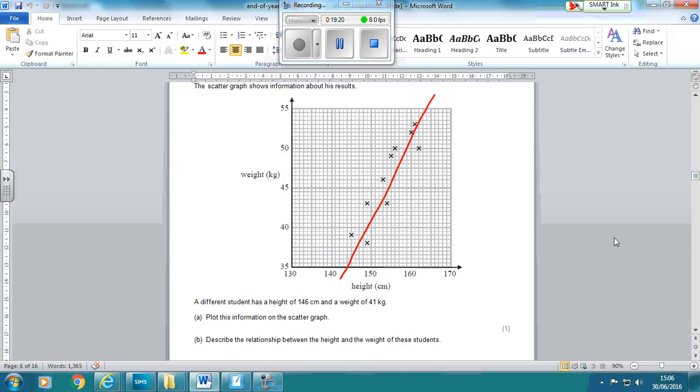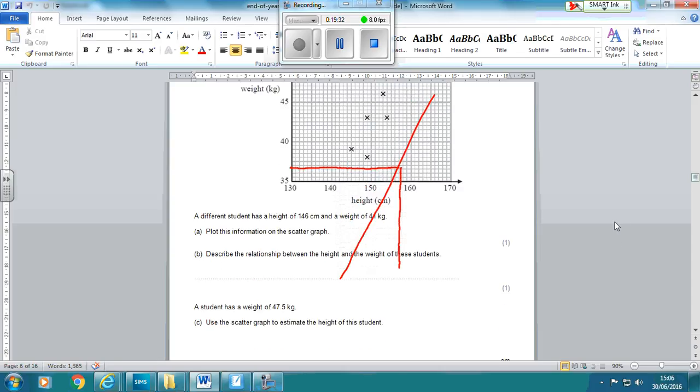So 47.5 is right there, halfway between 45 and 50. I then go down, and I would say that height is 157. I believe the marks were for anywhere between 156 and 158.